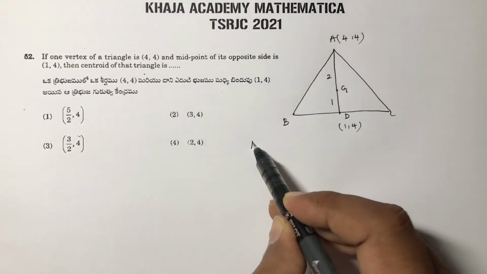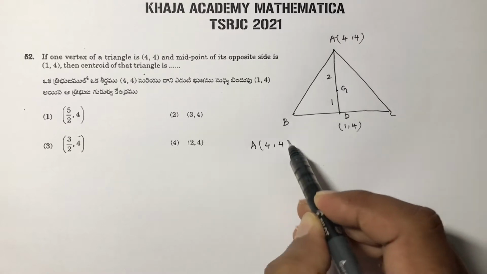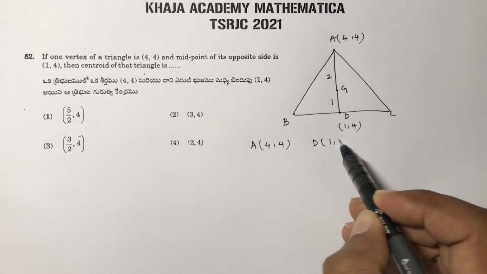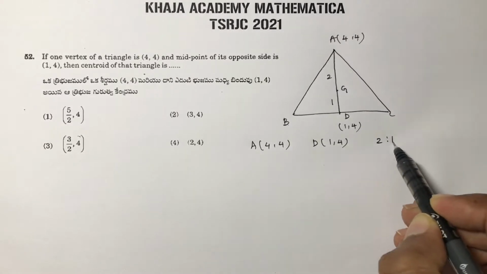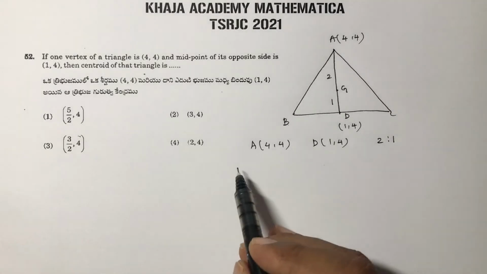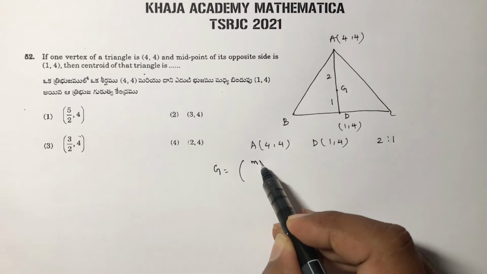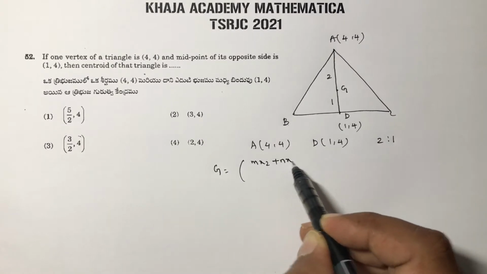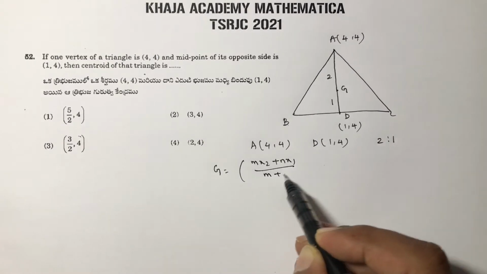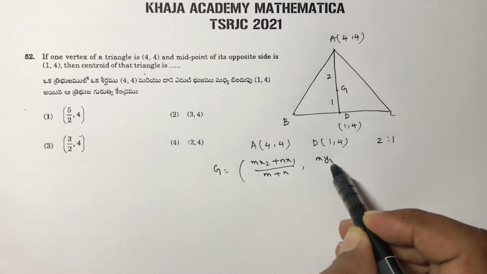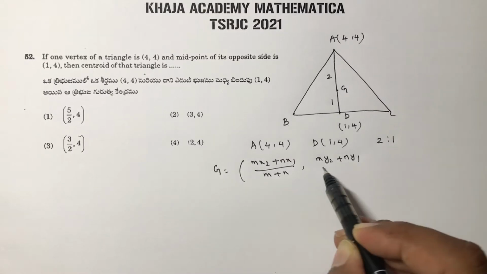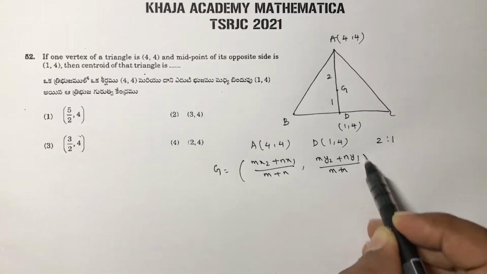So here A is 4, 4, D is 1, 4, and the ratio is 2:1. So I'll use the section formula: mx2 plus nx1 by m plus n, my2 plus ny1 by m plus n.